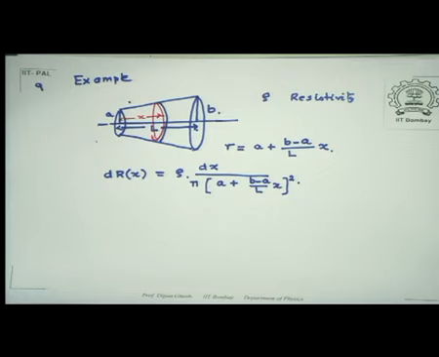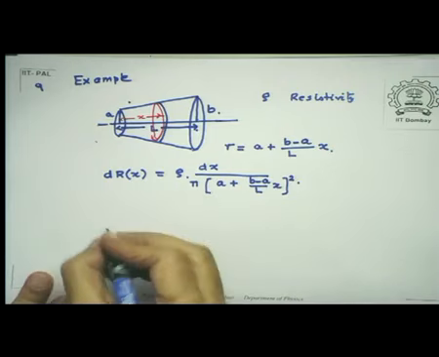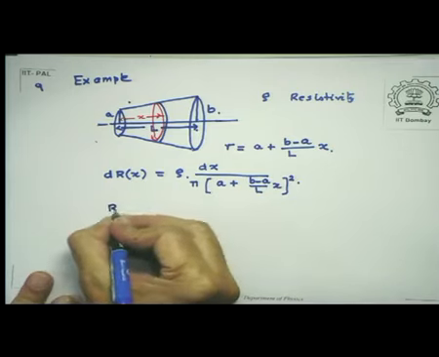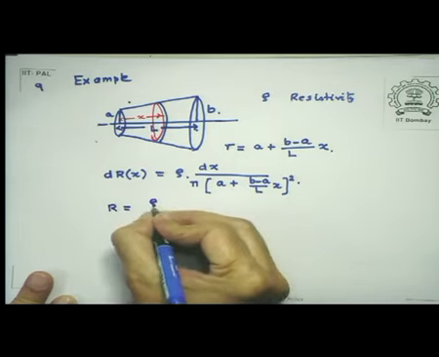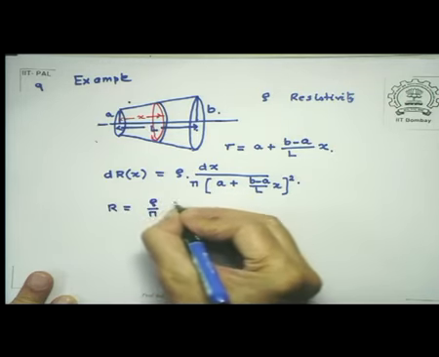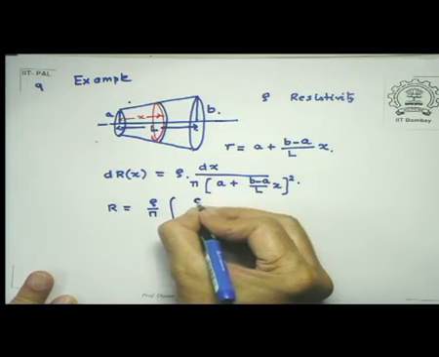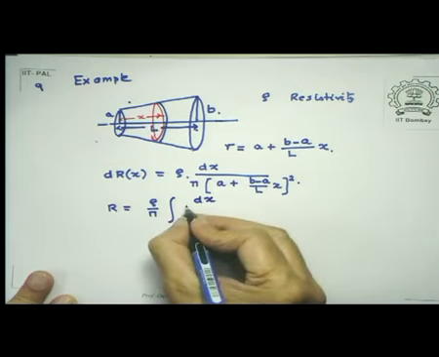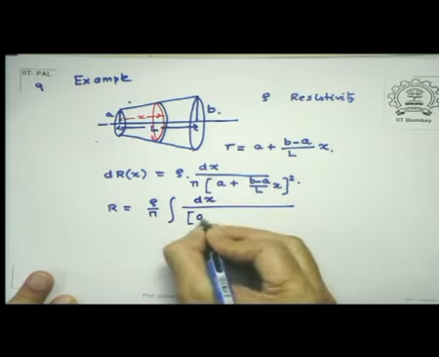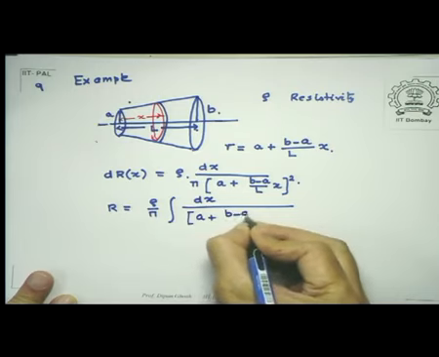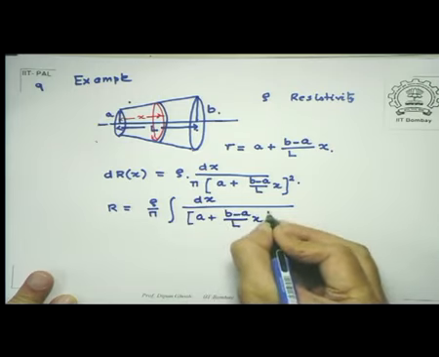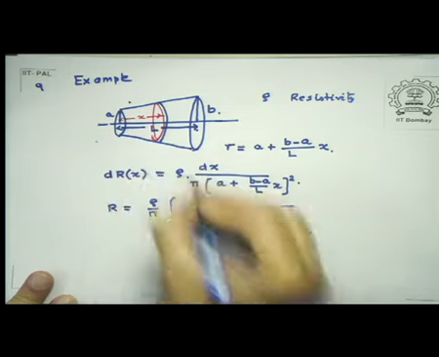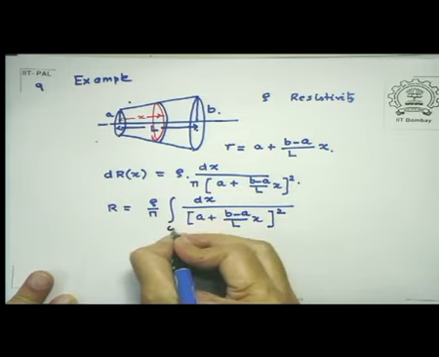So to find out how much is the R, rho over pi is of course a constant, I integrate dx divided by (a plus (b minus a) over L times x) whole square, and x is from 0 to L.